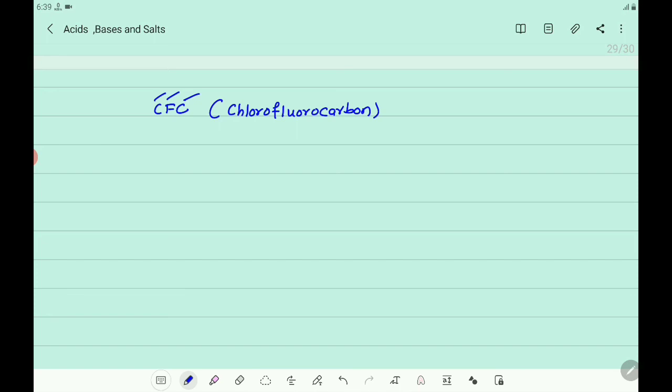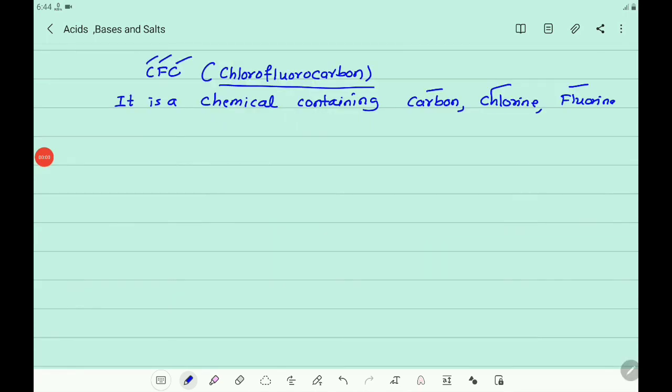Here these are the gases that are used in things such as aerosols and refrigerators, and you know that these are the gases which cause damage to the ozone layer. Then what are the uses of CFC? CFC is used in manufacture of aerosol sprays.